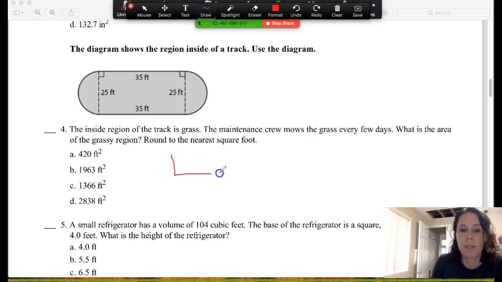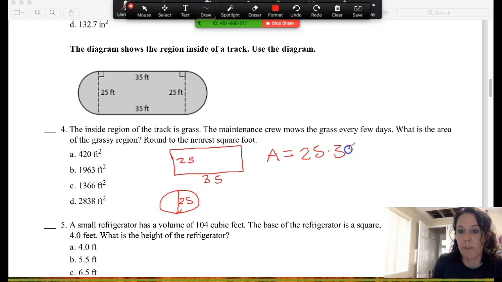So what we have once again is our rectangle part, which was 25 by 35. And then we have our two semicircles, which when we put them together, make a full circle with a diameter of 25. Now we want area, and we know the area of a rectangle is just going to be the length times the width, or 25 times 35.